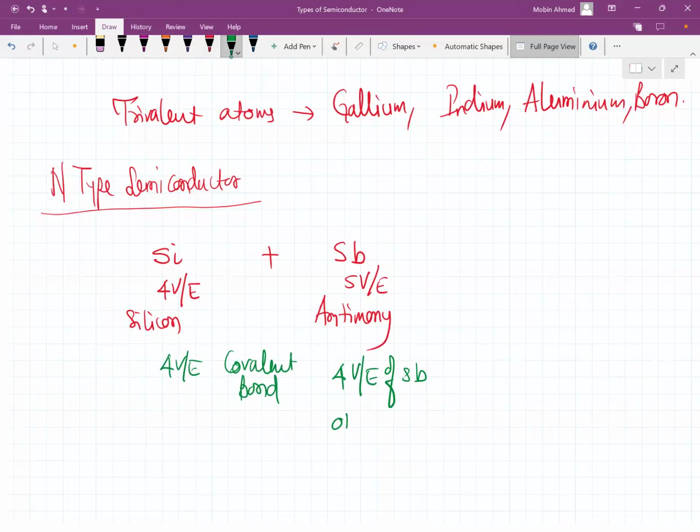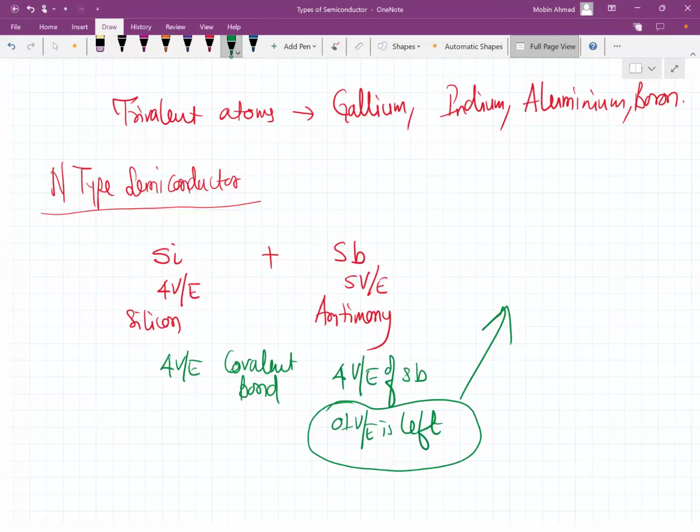So one valence electron is left. This left one will be free and it will go to the conduction band. So this valence electron, which has no role now, moves to the conduction band. So this becomes a free electron.